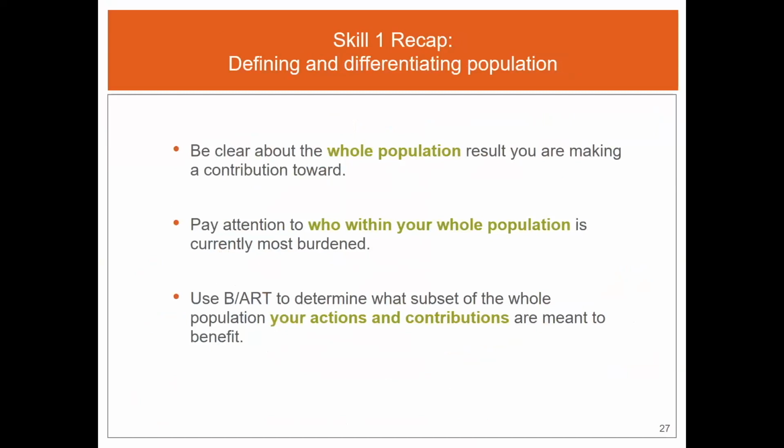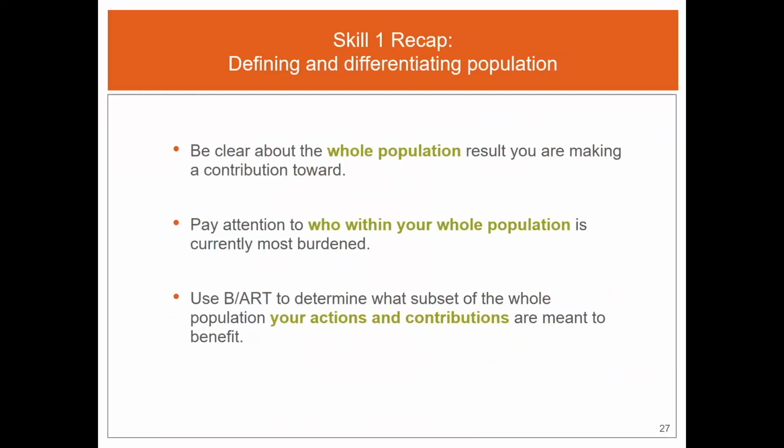So let me just recap real quickly. That was skill 1. We're going to move on to skill 2 in just a moment. But before we do that, take a moment, think about this, and think about your own work. Can you be clear about the whole population result you think you're making a contribution toward?